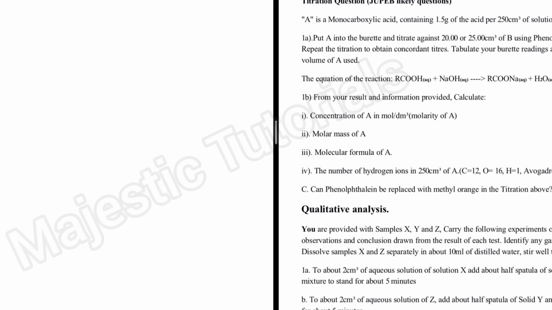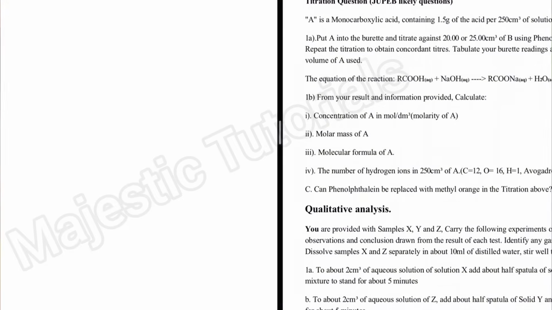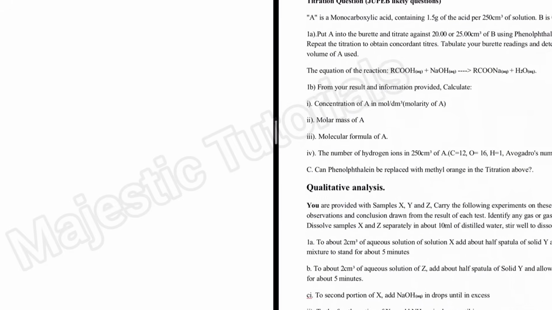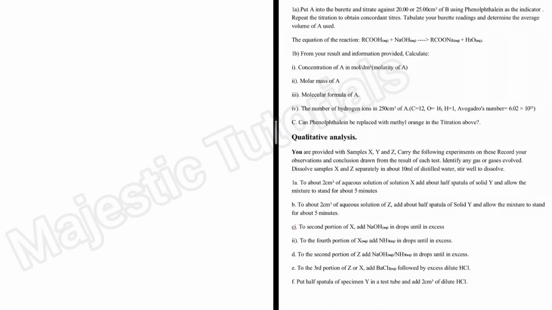We will need to make a table, but first of all, the end point from this titration is 25.00 cm cube. That's the end point.